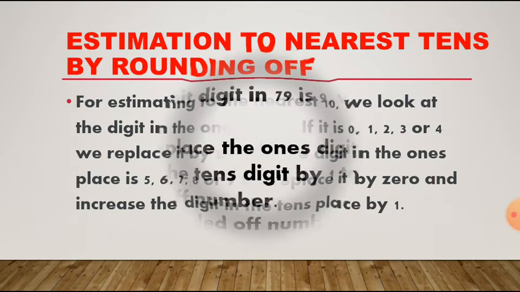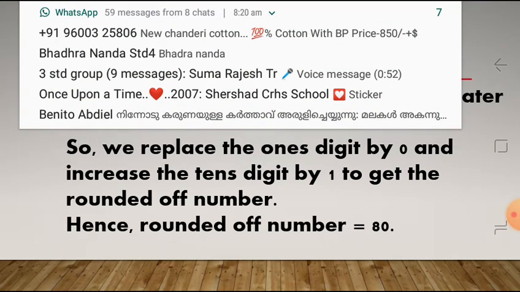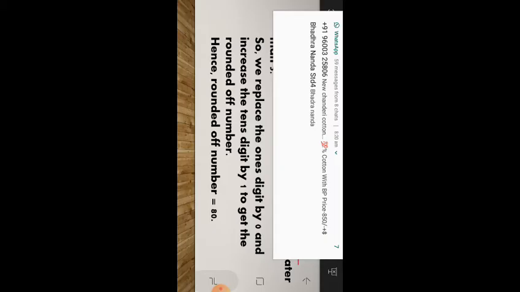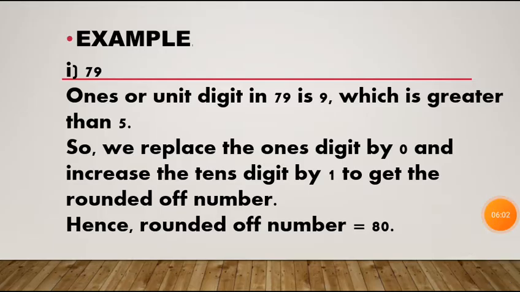So you replace the 9 by 0. Remove 9 and put the 0 here. Now it will become 70, right? Okay.